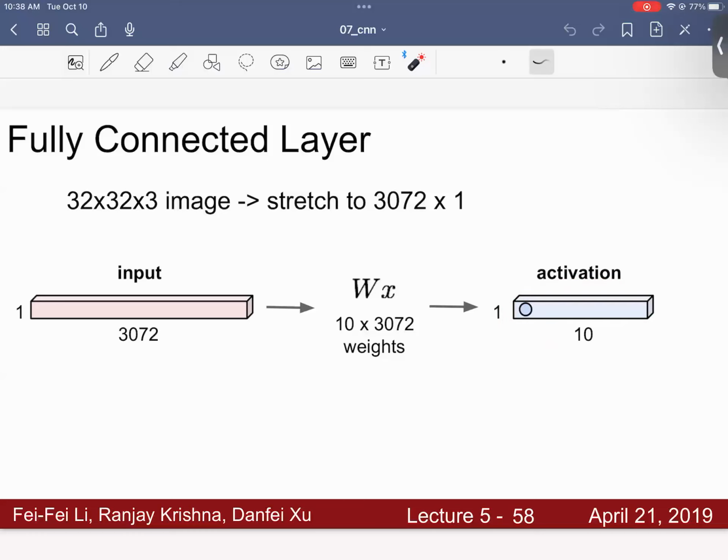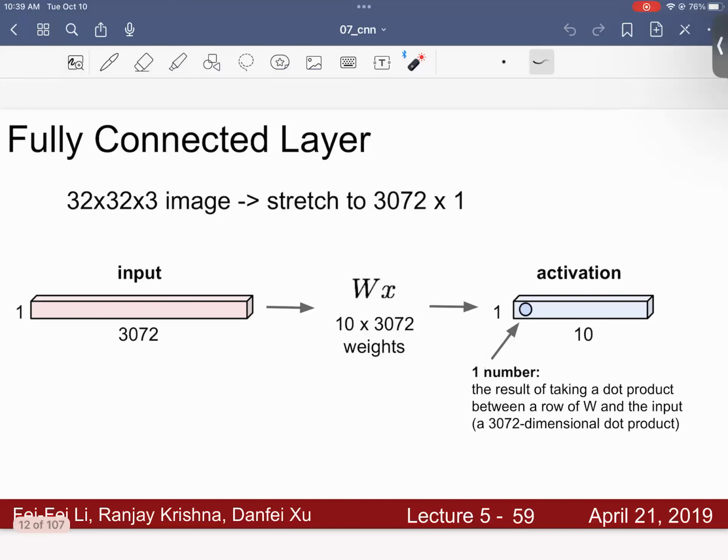Each value in your output, which is a 10-dimensional vector, or we call this the activation, is determined by the result of taking a dot product between a row of W and the input.